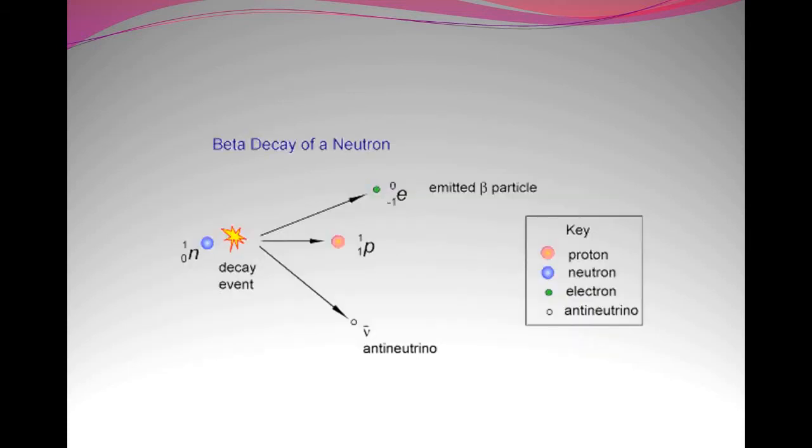And normally, beta decay is due to the decay of a neutron, that is given here. This is also known to you.